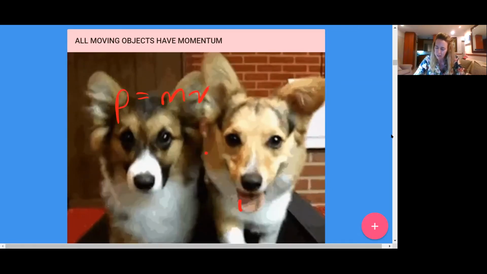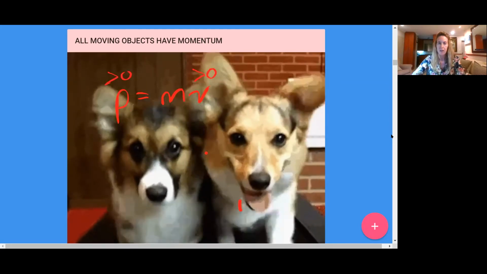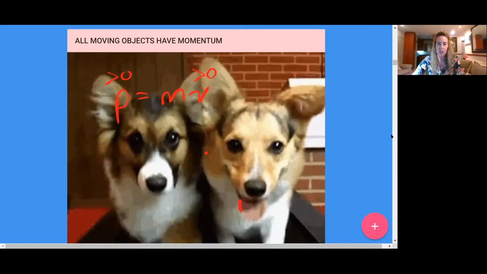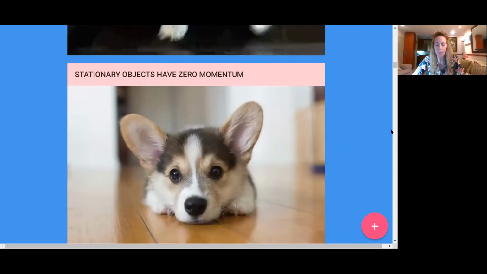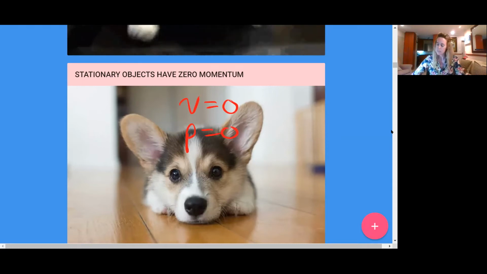And if the velocity is greater than zero, so will be its momentum. But if an object is stationary, that would necessarily mean that it has zero momentum. Why? Because its velocity is zero, its momentum will therefore also be zero because momentum is the product of mass and velocity of an object.